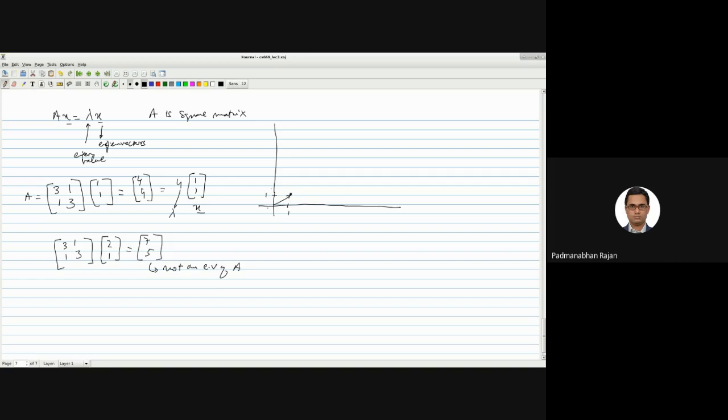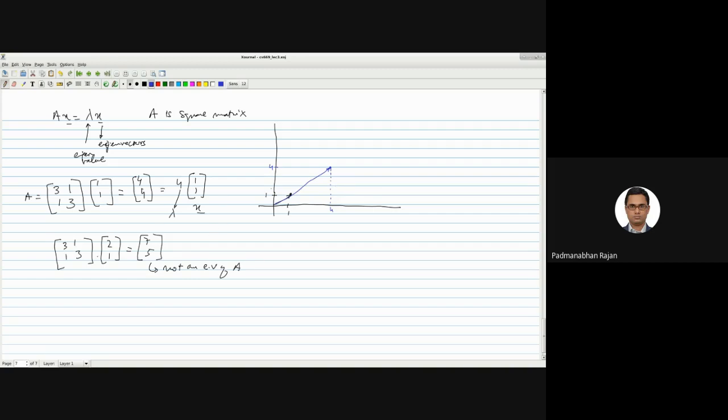And when you transform this 1 1 using A, you are getting 4 4, which is again a scalar multiple, right? 1 2 3 4. So the vector points in the same direction. It might flip, that's a different matter. If lambda is a negative one, it might just flip. But the orientation of the vector does not change.